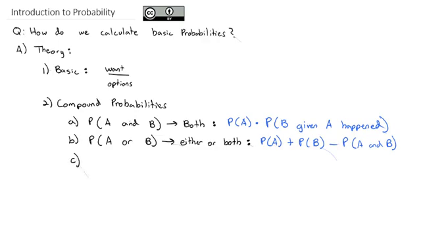And the third type of probability was kind of implied in the formula of the and, and that is the given, the probability of A given B. And here, what A given B means is that B has occurred.